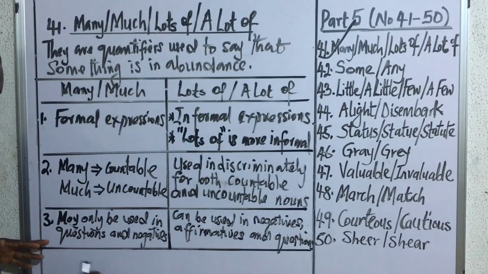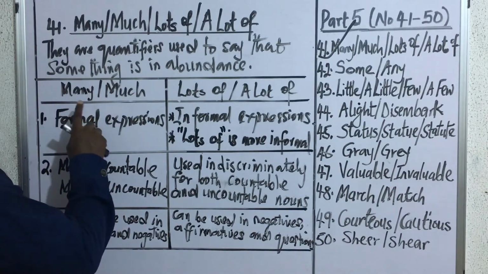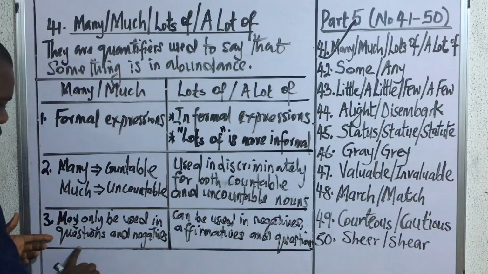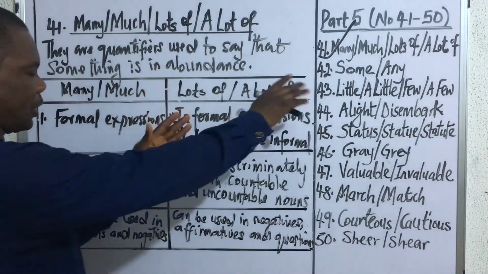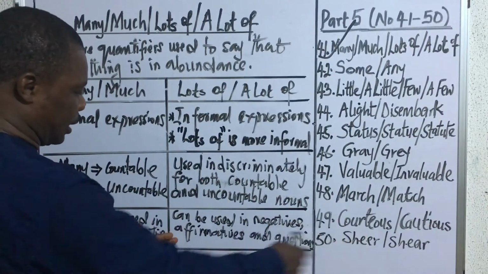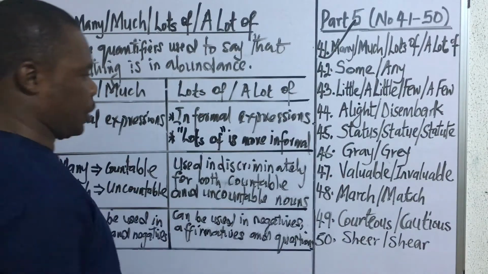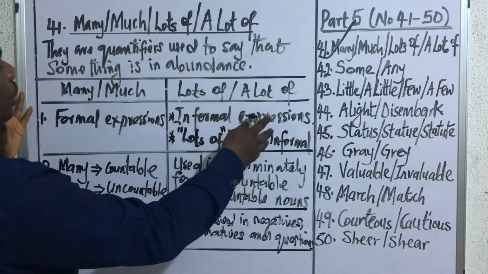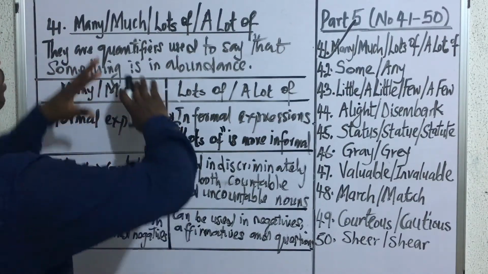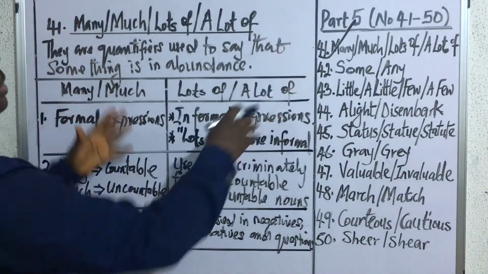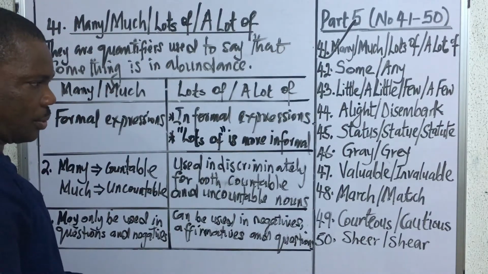Then the third thing we have established is that many / much may only be used in questions and negatives, whereas lots of / a lot of can be used in negatives, in affirmatives, and in questions. So with this short explanation, we now want to proceed and take a look at how these quantifiers can be used in expressions.